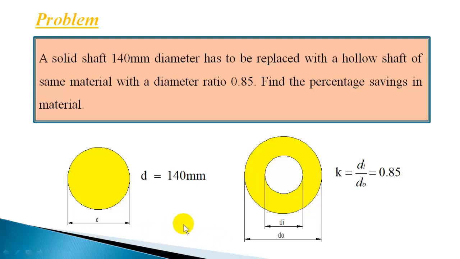So usually when it is not mentioned, the replacement is done for the same torsional strength, which will take care of the torsional rigidity also. Here we will replace the solid shaft of 140 mm with a hollow shaft having a diameter ratio 0.85.